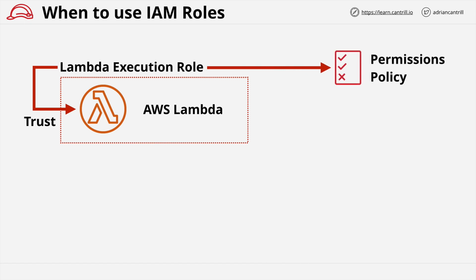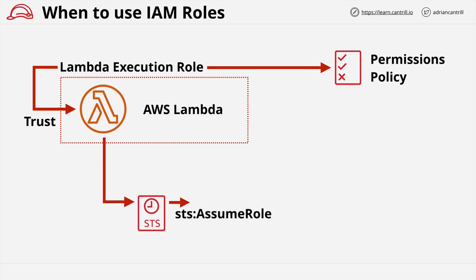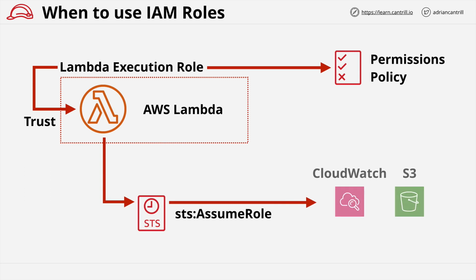Now, when the function runs, it uses the STS AssumeRole operation, and then the Secure Token Service generates temporary security credentials, and then the runtime environment that the Lambda function runs in can use these temporary credentials to access AWS resources based on whatever permissions the role's permissions policy has.